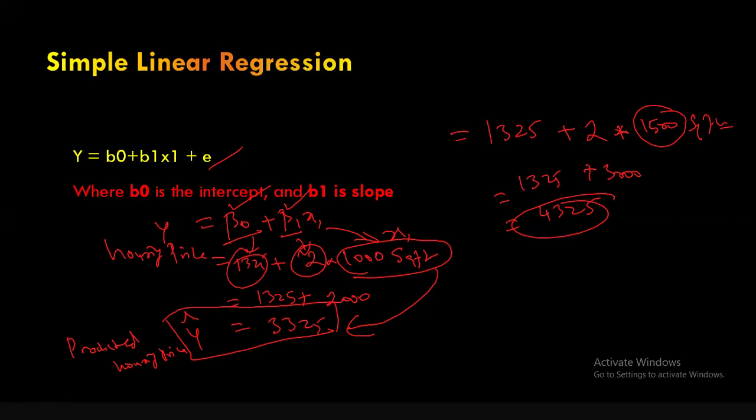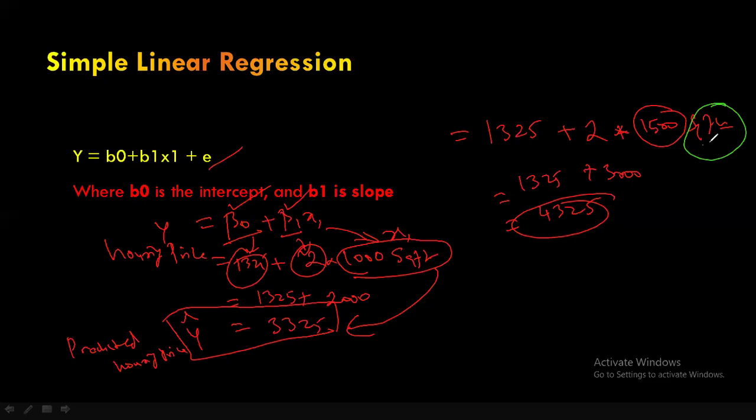So what is multiple linear regression? Instead of having only one input feature, square feet, you will have more than one input feature. What do you mean by input feature?